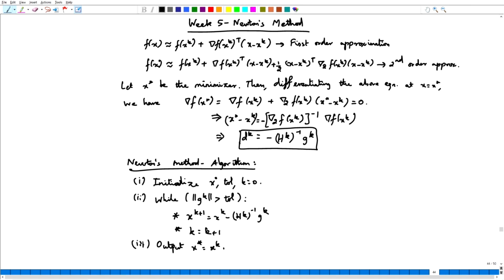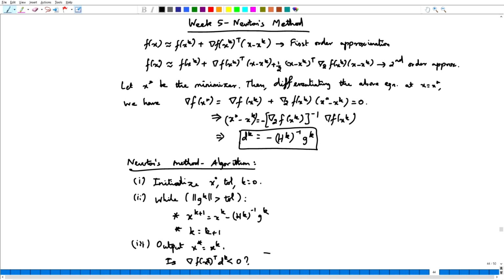The proof is actually very simple. Recall that a direction is a descent direction if del f of x transpose d is less than 0. If you are asking whether d is a descent direction or not, then, writing it with k, we are basically asking: is del f of x k transpose d k less than 0?